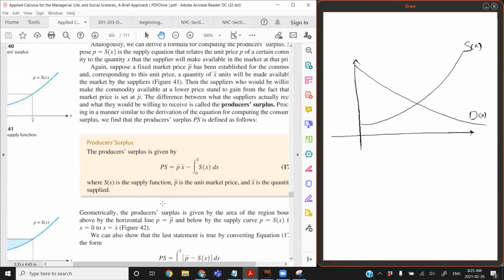Demand is decreasing. Then you have these two areas. This area here is the consumer surplus, and this area is the producer surplus.